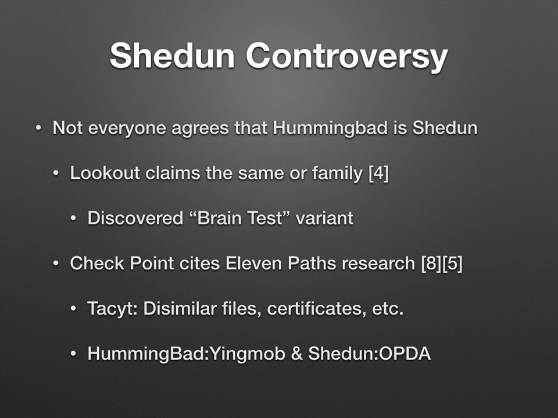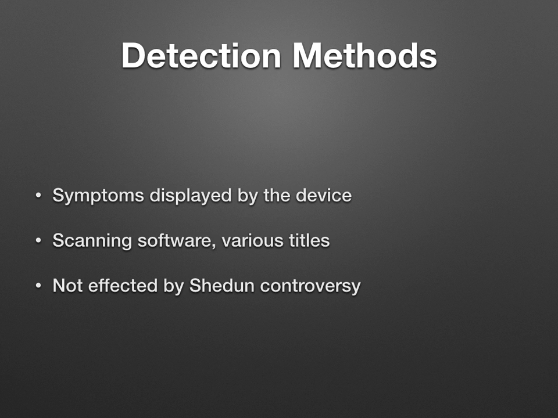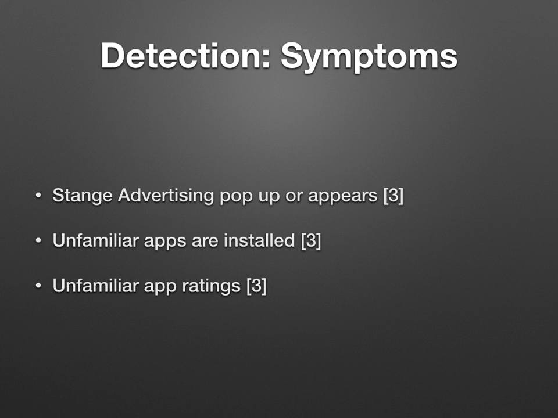Now, this really, for our purposes, doesn't really change anything. The symptoms, we're going to cover those and how to scan for it, and it really is not affected by the She-Done controversy. Things pretty much stay the same either way.